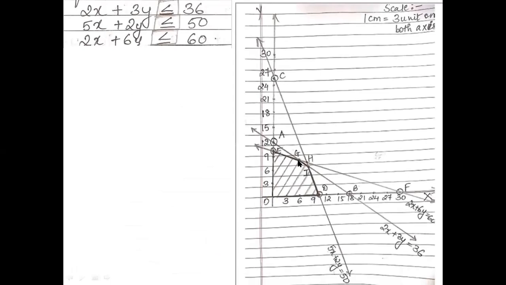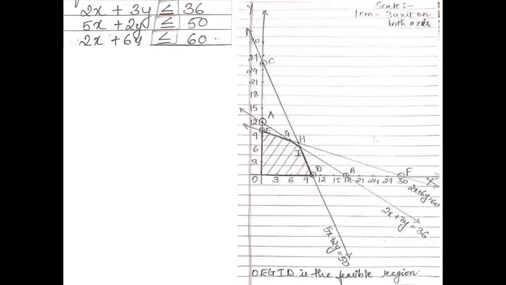Here you can see I have got 3 new points which I have named G, H and I. You can name them as per your convenience. After shading, what you have to write is that O, E, G, I, D is the feasible region. So in my sum, the feasible region which I got is O, E, G, I and D.